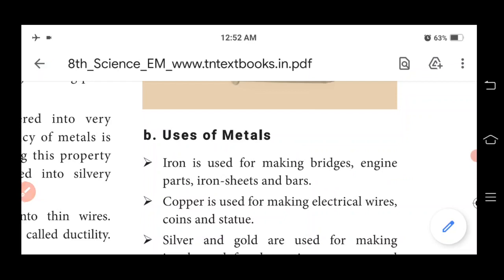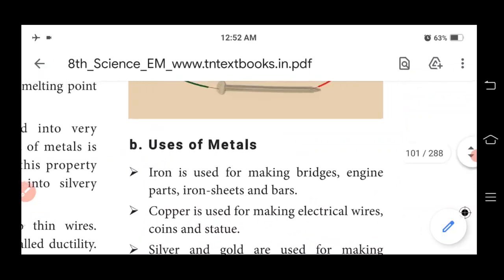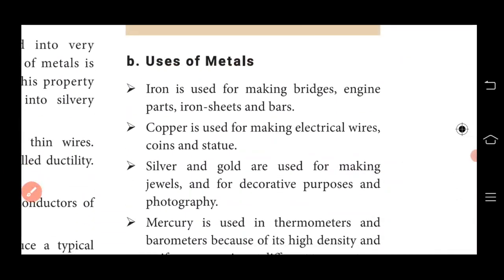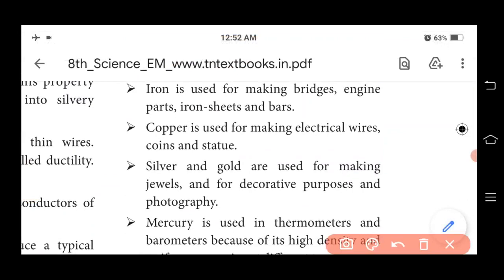The second one is copper. Copper is used for making electrical wires, coins and statues. And then the third use: silver and gold are used for making jewels, for decorative purposes and photography.